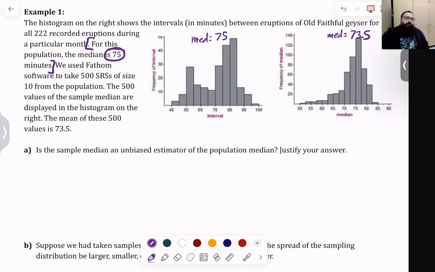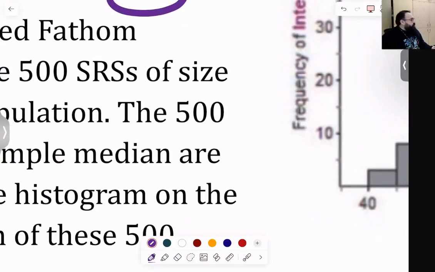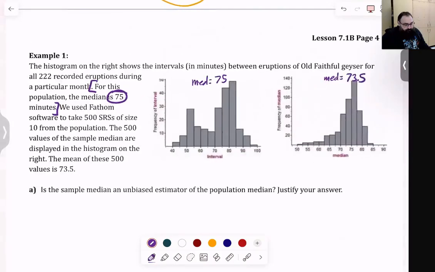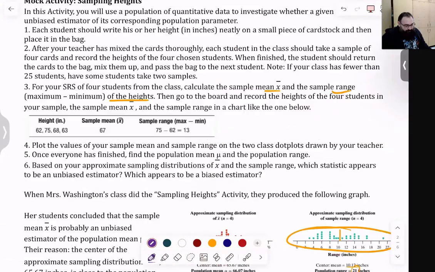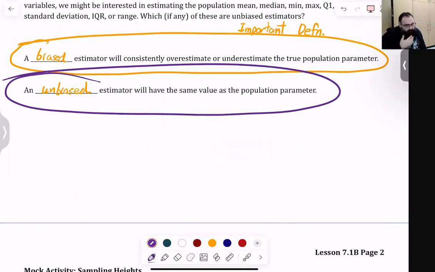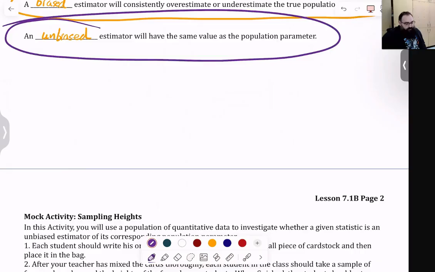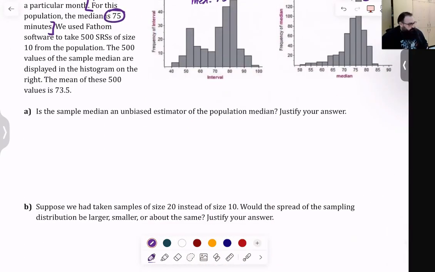So the idea for it to be unbiased, especially since we did this 500 times, if you did it once or twice, would you expect it to be equal? No. But if you did it 500 times, we go back to what we wrote over here. An unbiased estimator will have the same value as the population parameter. Is that true in this case? Does 75 equal 73.5? No.